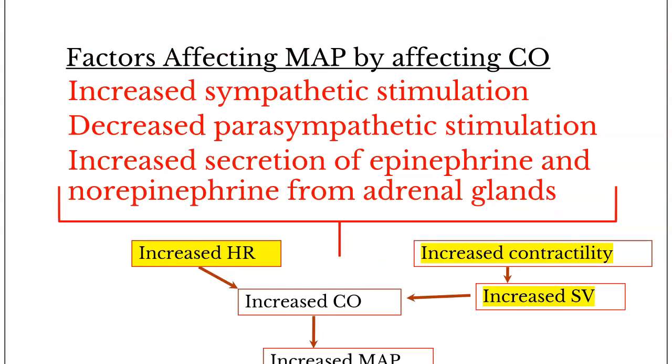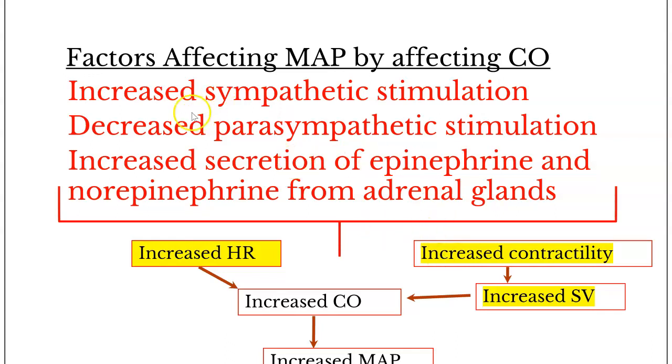So the factors that affect MAP by affecting cardiac output will be an increase in sympathetic stimulation, which in turn decreases parasympathetic stimulation. You can also have an increase in epinephrine and norepinephrine hormones from the adrenal medulla.